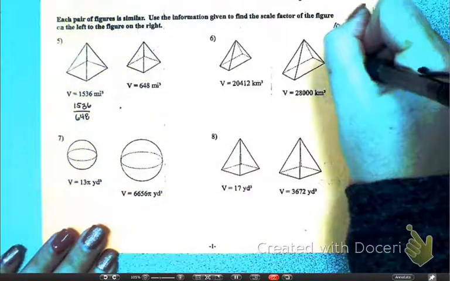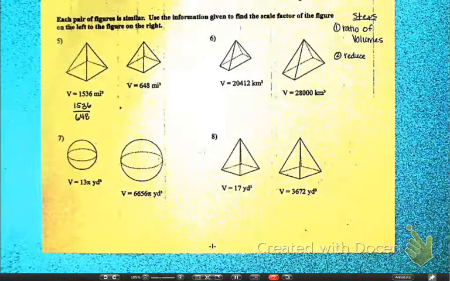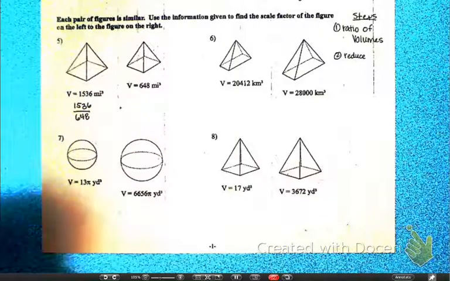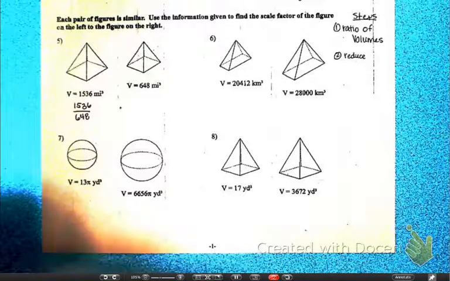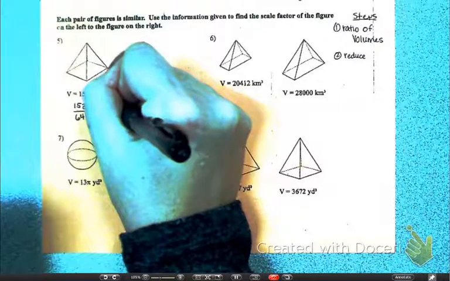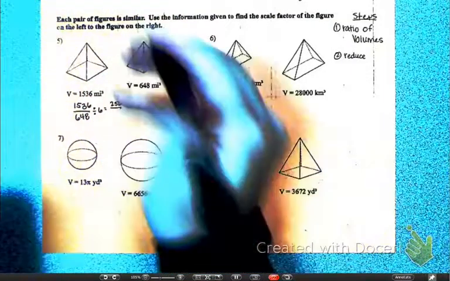Step 2 is to reduce as far as you can. So we're going to completely reduce this fraction as far as we can get it. So we need to figure out what number goes into 1536 and 648. What number should we try? 6? Okay. So if I divide by 6, I get 256 over 108.